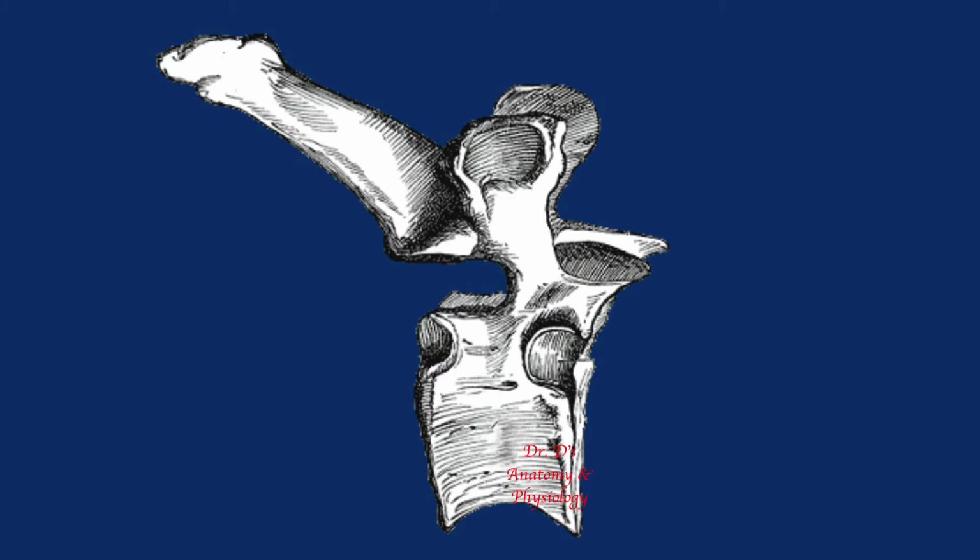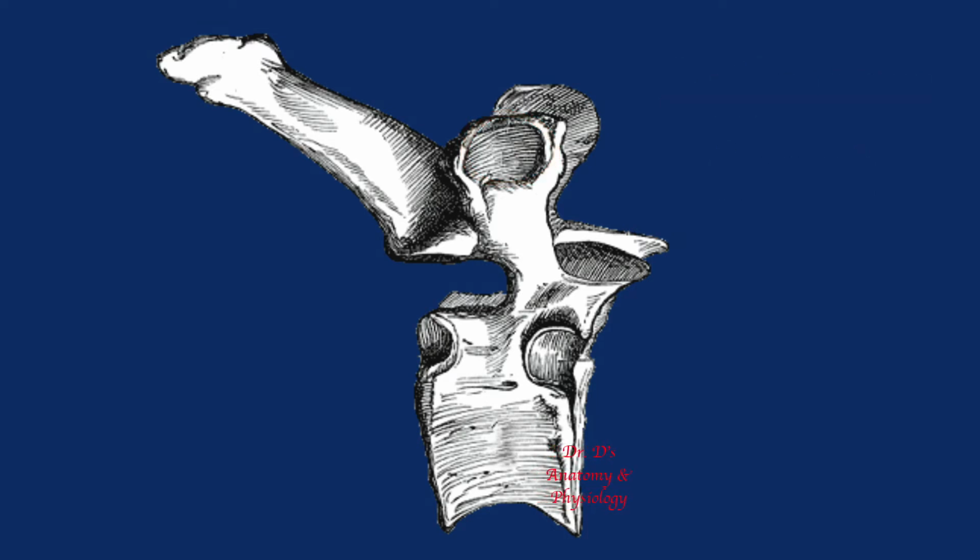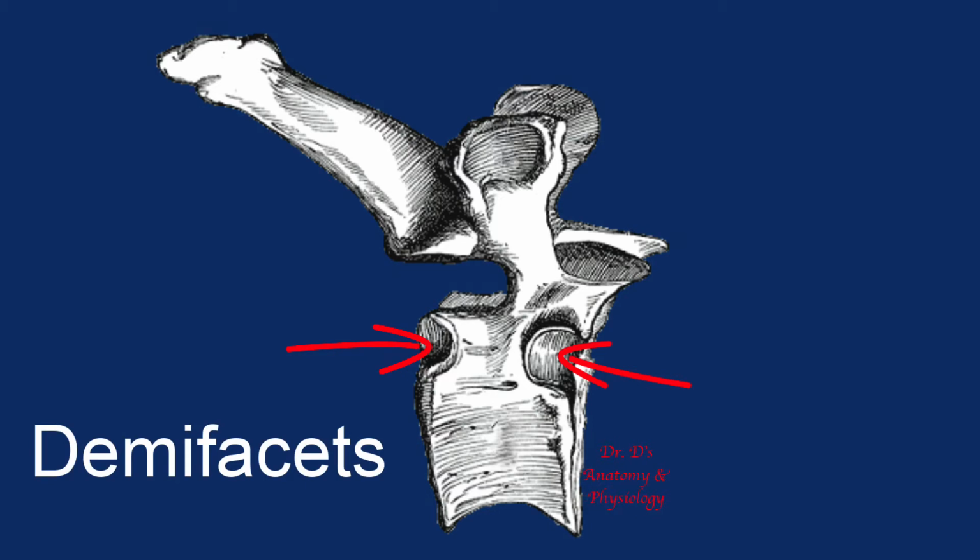But notice now we can also see more clearly the articular facets on the transverse process, and we can see the facets that are on the body. The facets that are on the body are going to be referred to as demi-facets, which translates into half facets. The reason for this terminology will become clear soon.